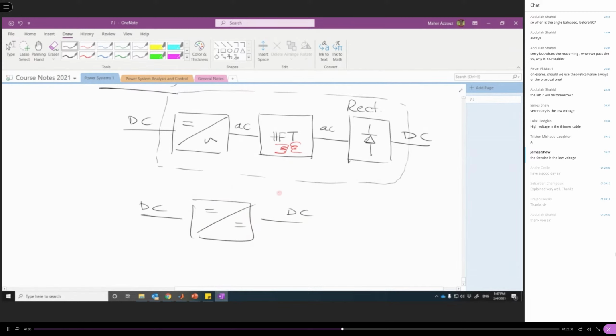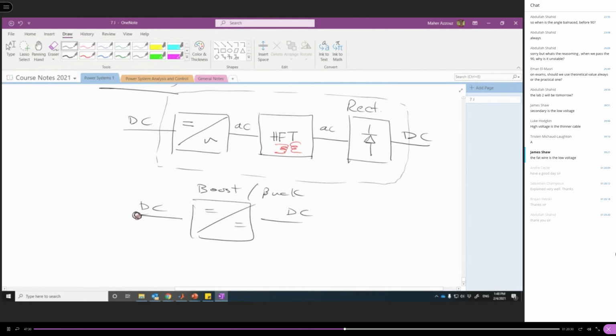I'm not sure if you attended Dr. Carr's course, the power electronics course, but we can directly use a boost converter or a buck converter to manipulate the input voltage. But those converters do not provide isolation.